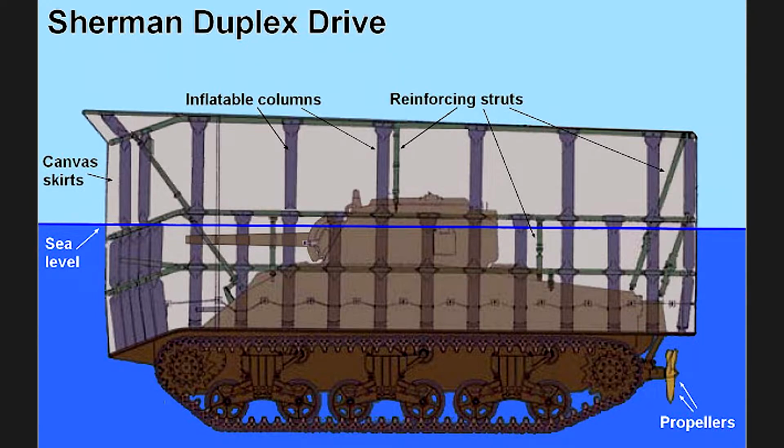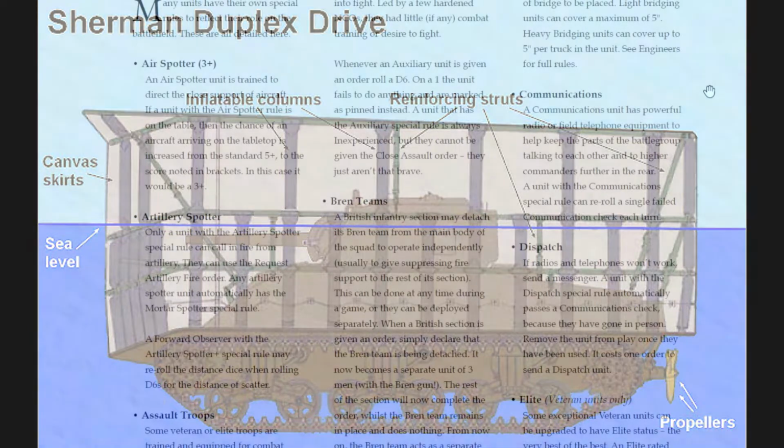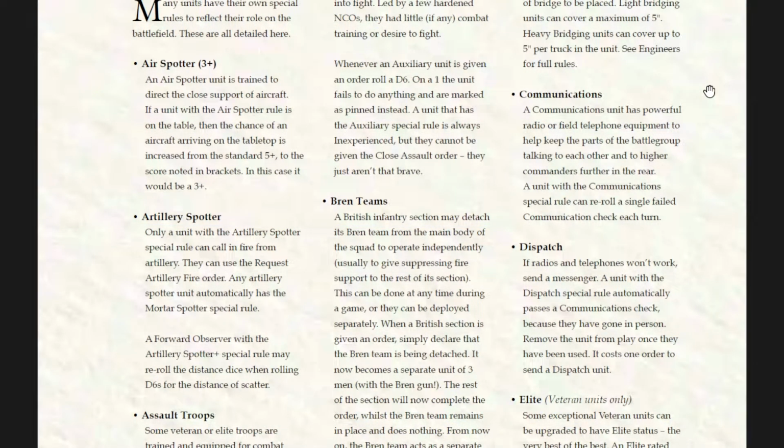If the DD tank rolls a 1, it would therefore only move 1 inch. It is in danger of being swamped. Roll another D6. On a 1 or a 2, the tank is swamped, sinks, and is destroyed. On a 3 through 6, it ships some water but struggles on 1 inch. That's dangerous. Okay.